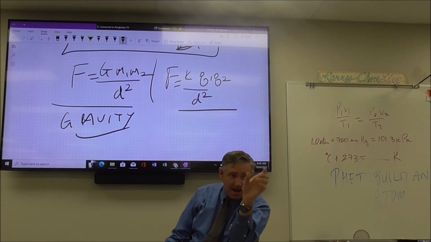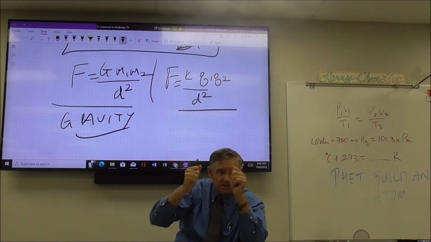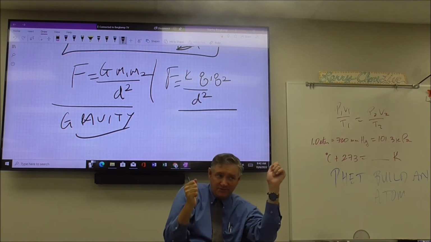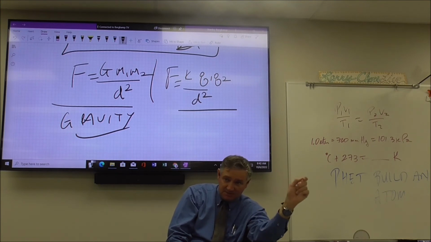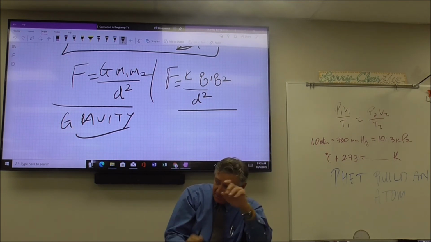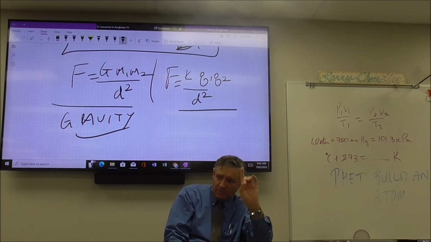So this is why I passed around that ferrofluid. As you increase the distance between the magnet and the ferrofluid, what happened to that attractive force? Did it increase or decrease? Decrease, it became weaker, right? So this is what's known as an inverse square law.